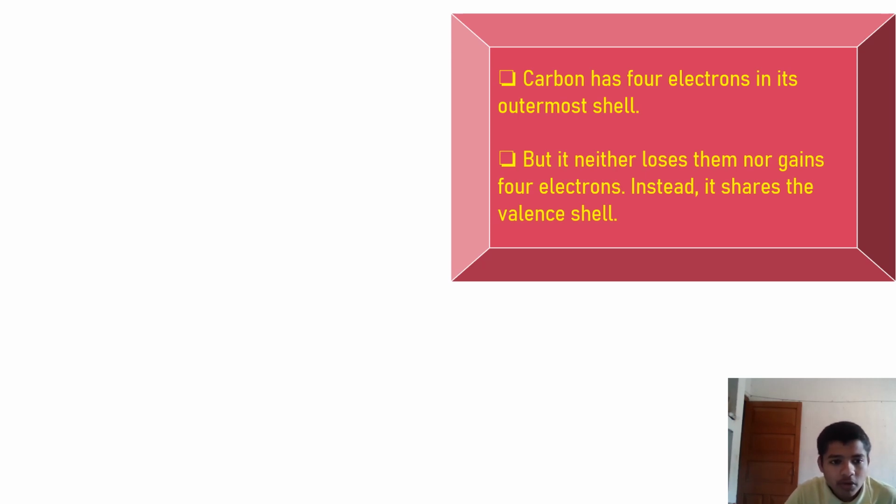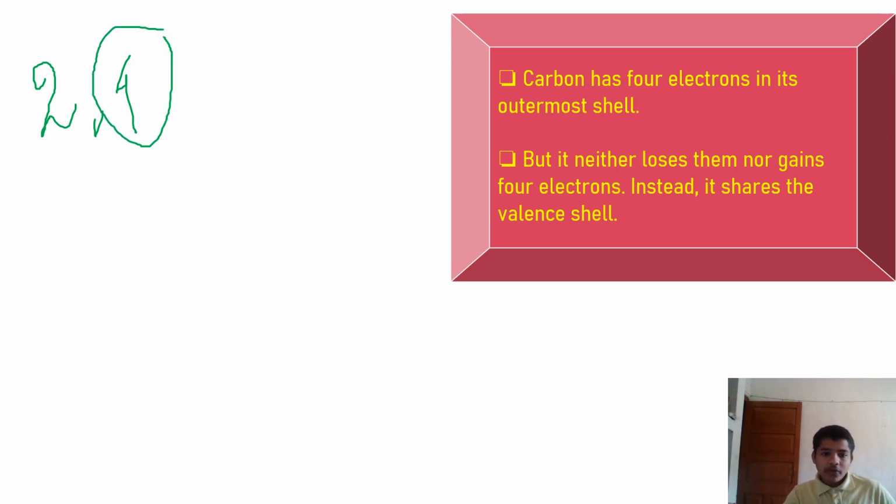This is the electronic configuration of carbon, 2, 4. So it has 4 valence electrons, meaning only 4 electrons in its outermost shell. This much is clear? Very good. But it neither loses nor gains 4 electrons.